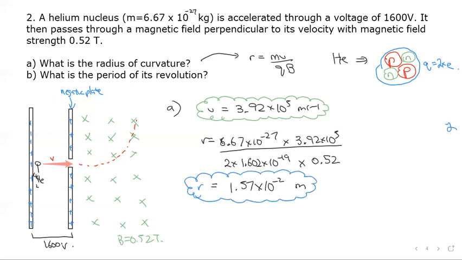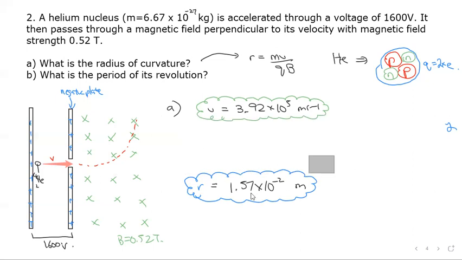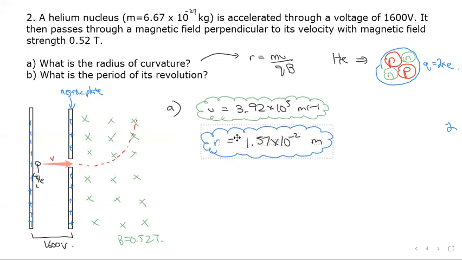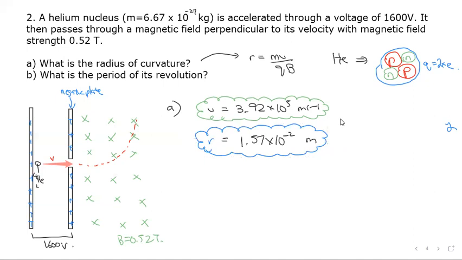So now, with that information in mind, we're ready to tackle part B, because part B asks us to calculate the period. Remember the period, if you're just thinking about it in terms of a circle, is how long it takes to go around the circle once.